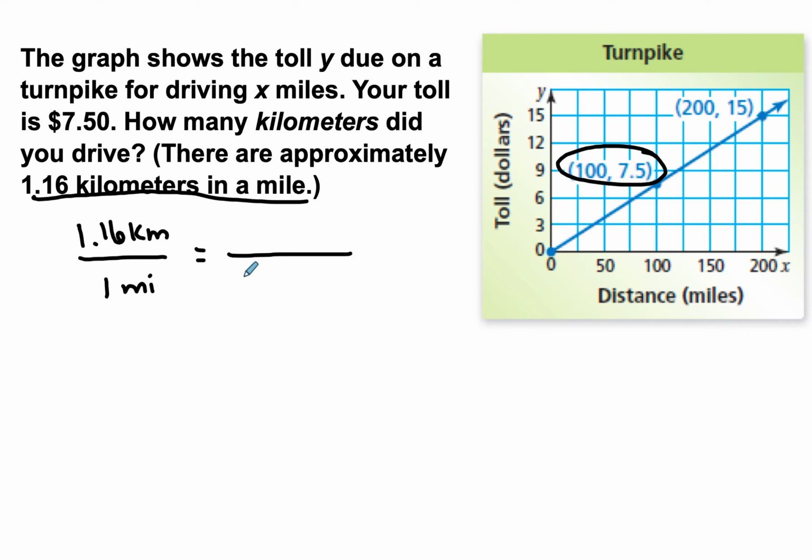That matches up with 100 miles. And then I want to know how many kilometers that is. All right, let's see. I'm going to go ahead and do cross products on this one. 1 times x is x. 100 times 1.16 is 116. My label is going to be kilometers.